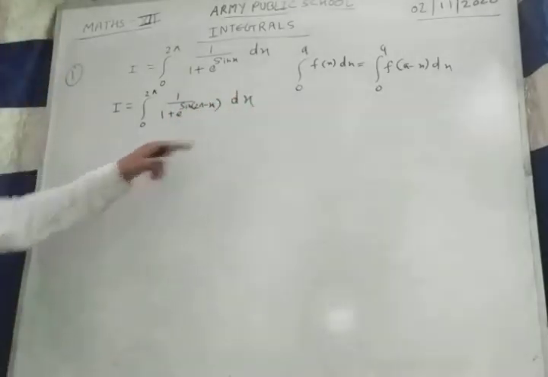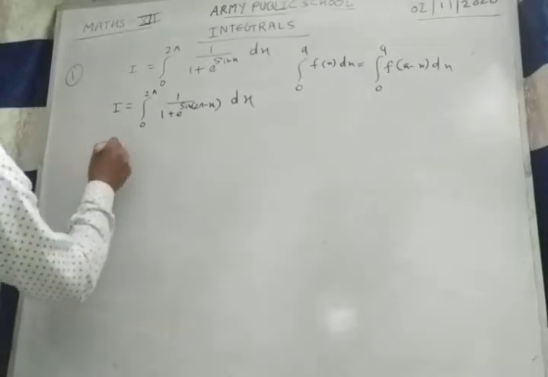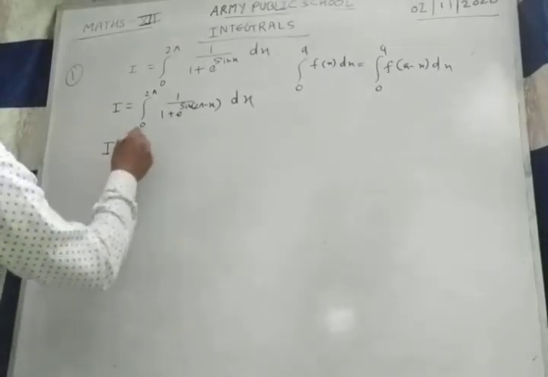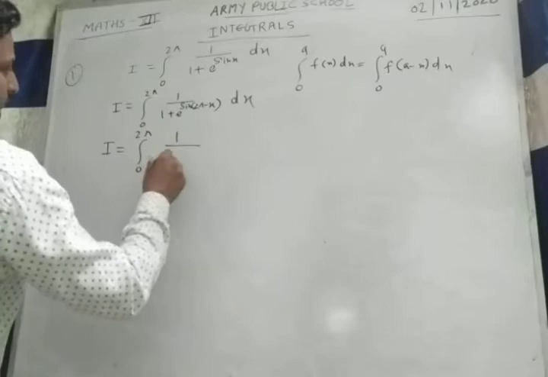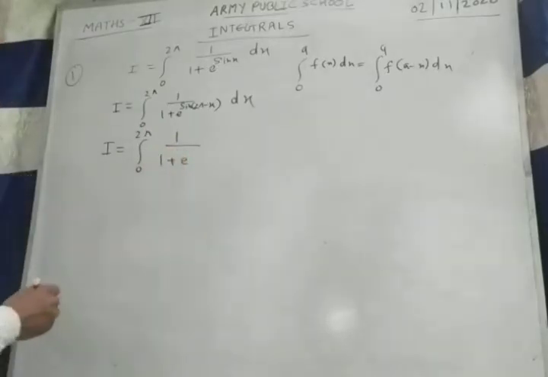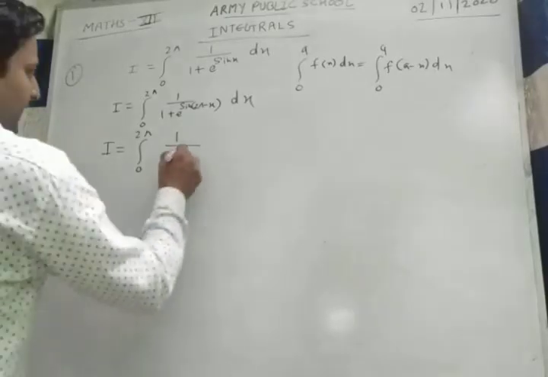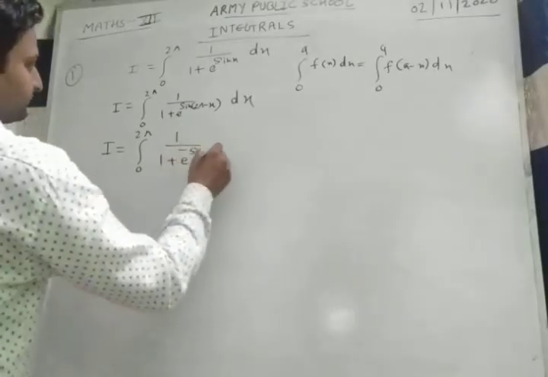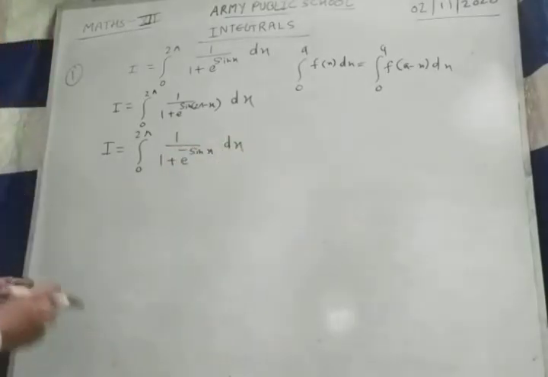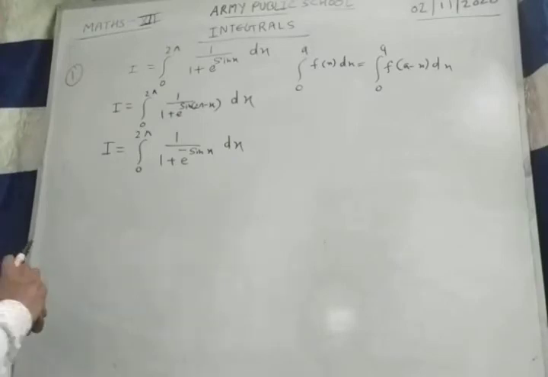We can write 1 by 1 plus e to the power sin (2 pi minus theta). It will be minus sin theta, because sin (2 pi minus theta) is what?